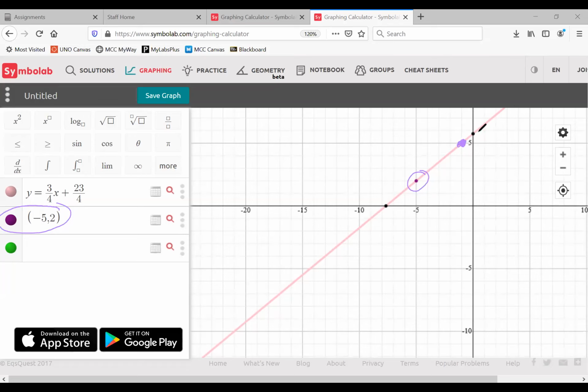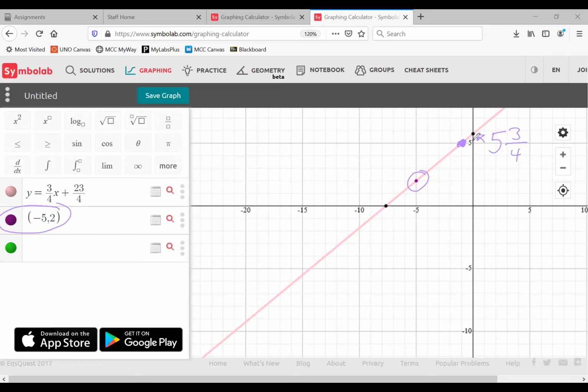Now the y-intercept, apparently based on our answer, is 23/4. Now 23/4, what is that? Well, if you divide 23 by 4, that's 5 3/4. So on our graph, you can see this little dot right below 6, so somewhere between 5 and 6.